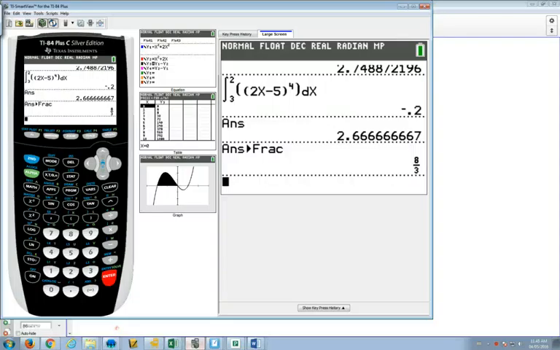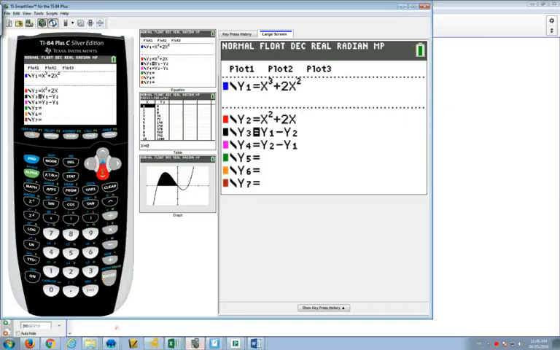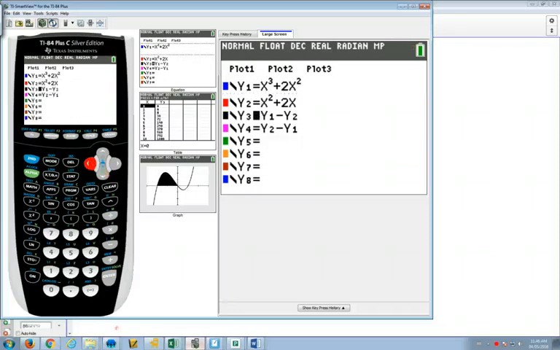Now, if we want to find the area between 0 and 1, I'm going to go back to my y equals, and now I'm going to turn this one off and turn this one on.